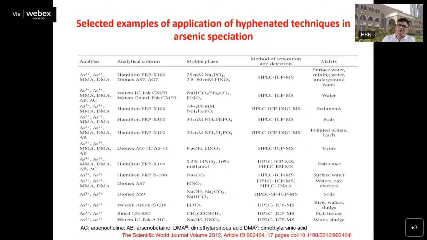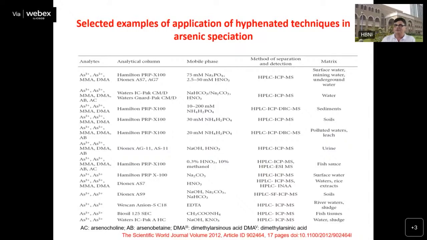If you don't have this kind of hyphenated technique, it is not possible to do this. If you take a fish sample, for example, you will not be able to detect arsenic complexed with MMA or DMA.